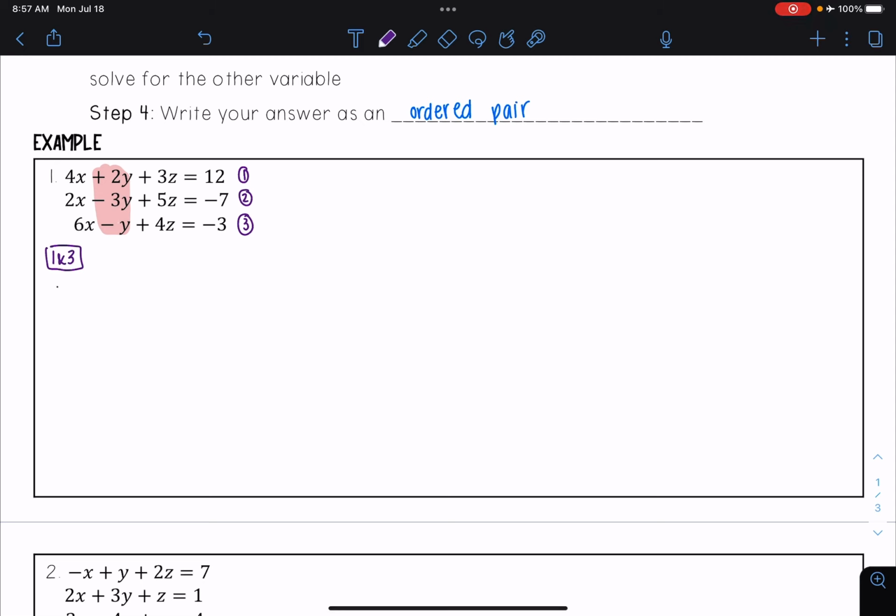Equation 1 was 4x plus 2y plus 3z equals 12. To eliminate y in this equation, I need to multiply the bottom by 2. That would give me a negative 2y. When I add negative 2y to positive 2y, I get 0, so they cancel out.